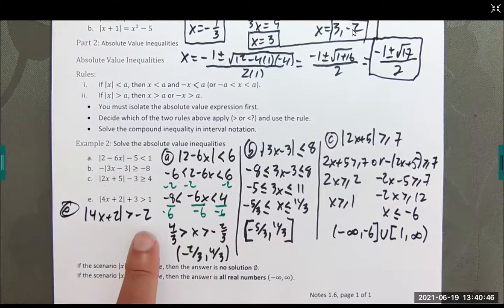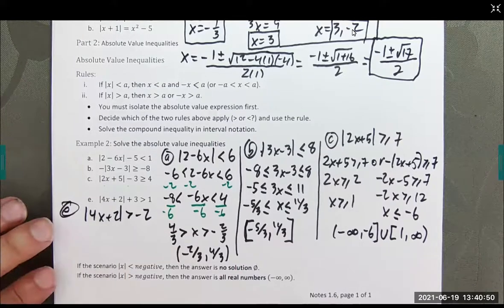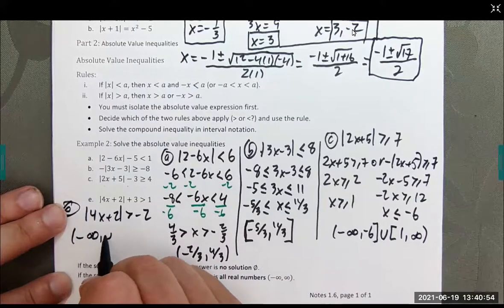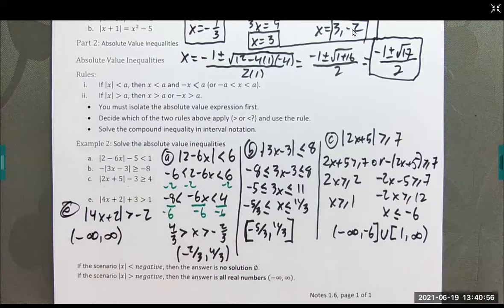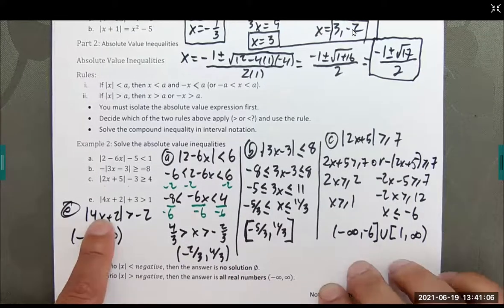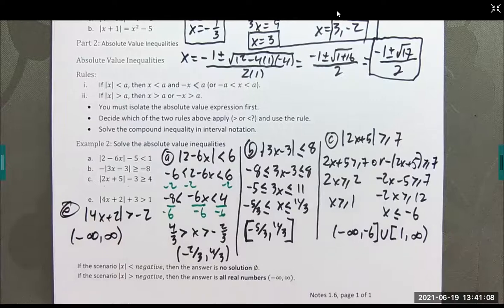It's always going to be bigger than any negative, but in this case, -2. So the answer is going to be negative infinity to infinity. I don't have to do any work. I don't have to do any tricks or anything like that. Now, if it was a less than, then there would never be a solution because you can't have an absolute value less than a negative. It just can't happen. I hope that helps.